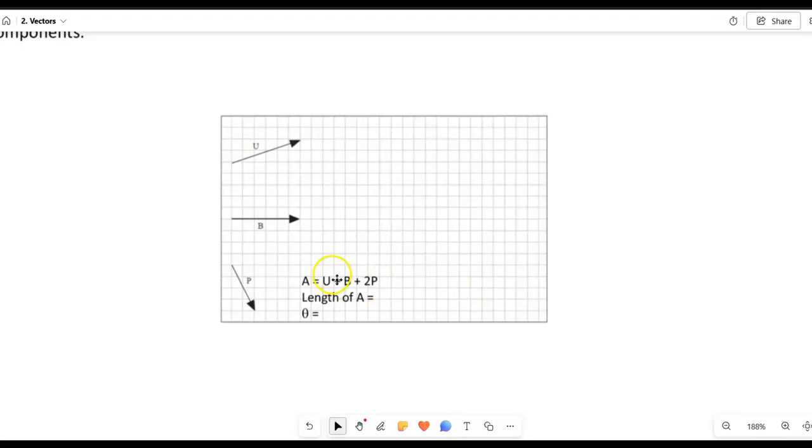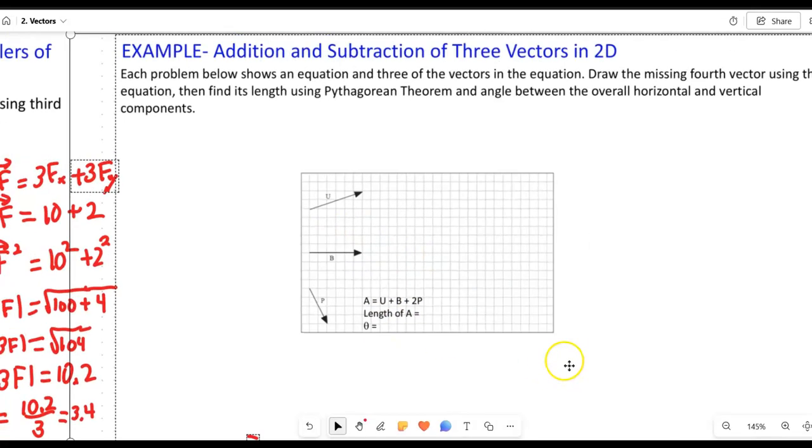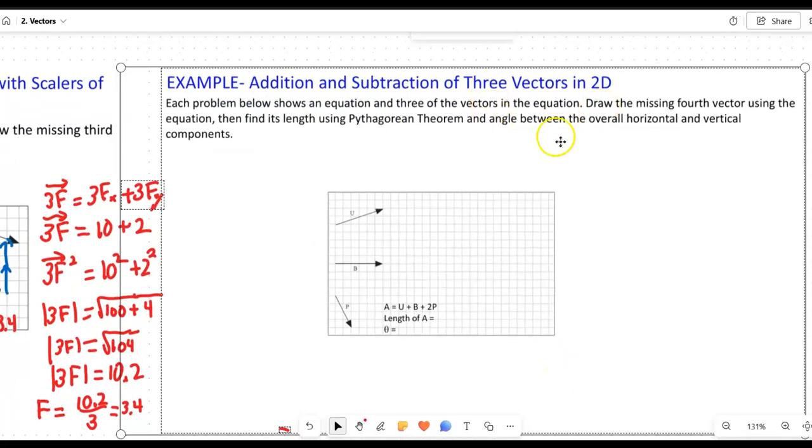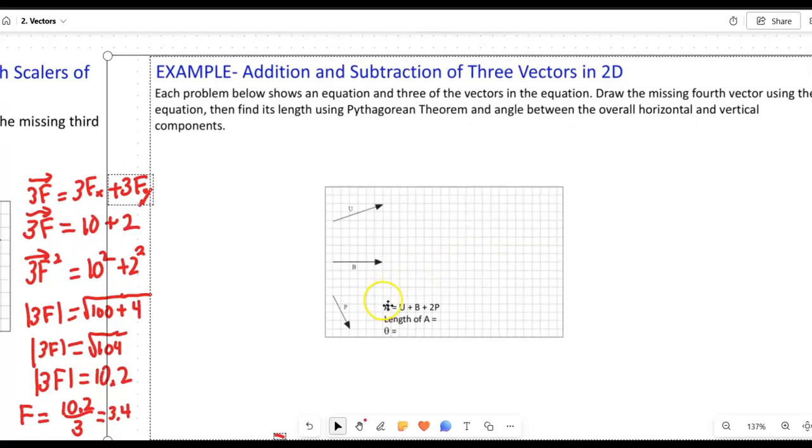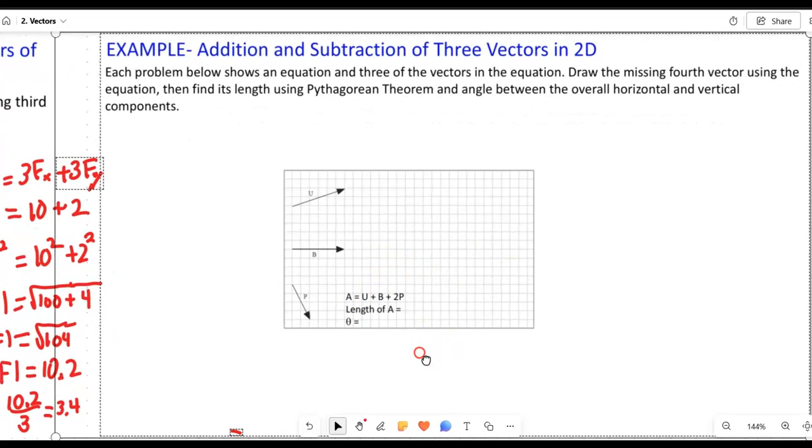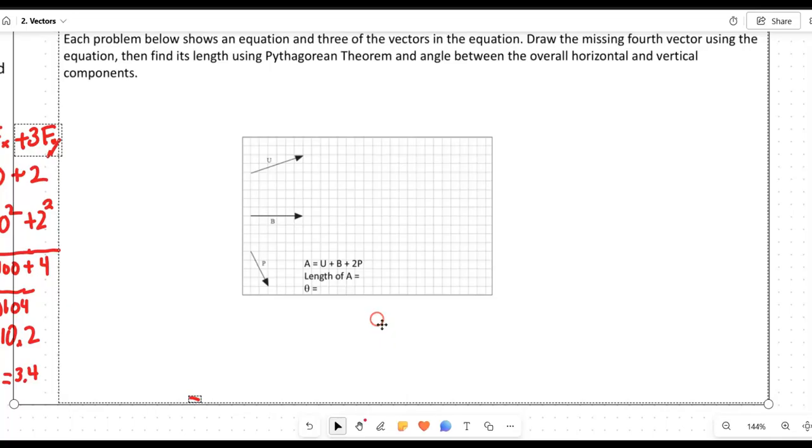Again, you're going to perform the operation just like we learned. And then we have to find the missing fourth vector, which is A. And then you perform the Pythagorean theorem, and you're supposed to find the resultant angle between the overall horizontal and vertical components.